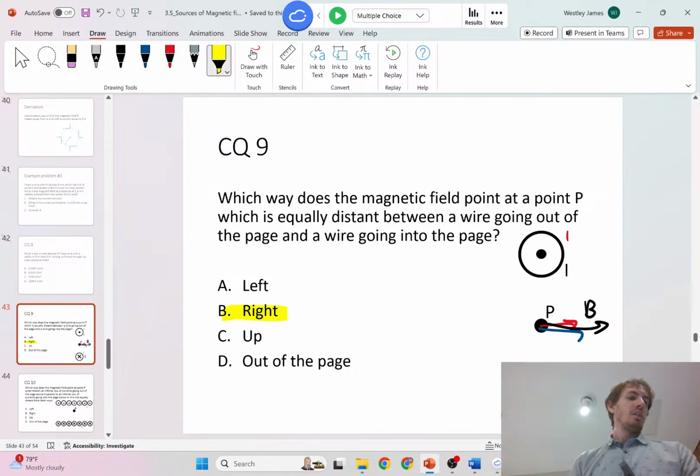Okay. This is where I have to attempt to then connect this. Why did I ask this question? We've been talking about circles. Why am I talking about straight wires again? Well, if I take a circle and I put it here, this is a cross-sectional view of a circle from the side. The current goes out of the wire at the top and goes into the wire at the bottom.